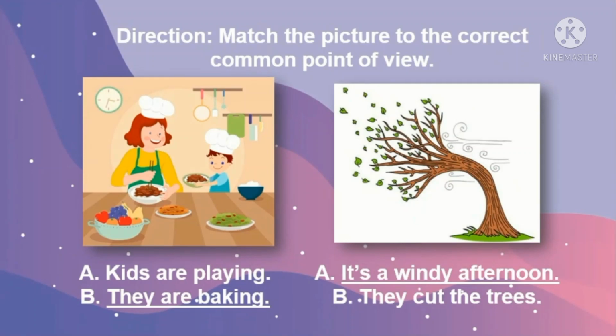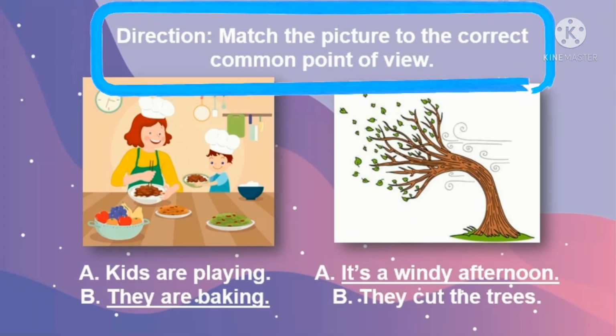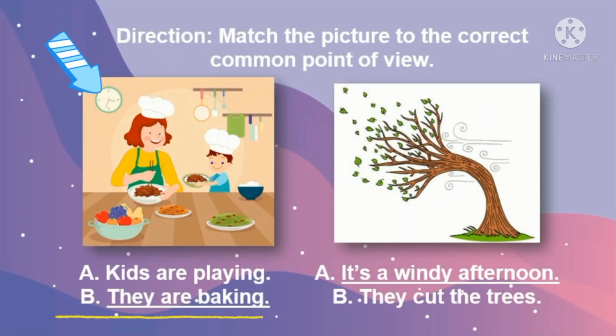To test your understanding, let's have a drill where you need to match the picture to the correct common point of view. For example, in the first image, the correct answer is letter B. They are baking because you can see there are two persons, a mother and a son, who seem to cook or bake a food.